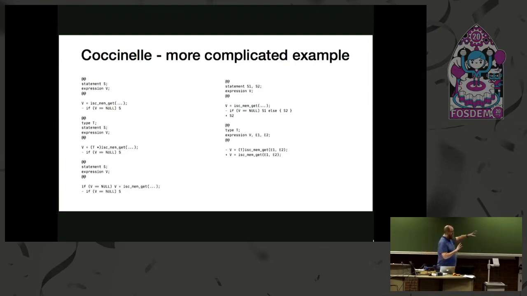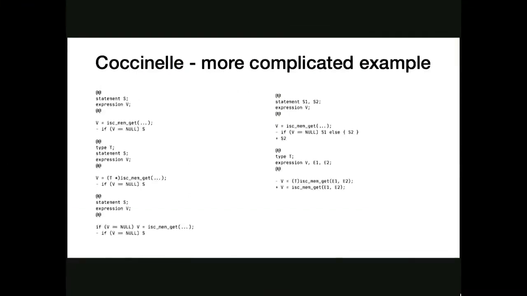So this tries to catch all the occurrences where there's a statement, where you declare a statement S and then expression V. If V, like a variable, is null and then follows the statement, it just deletes the whole block with the variable.